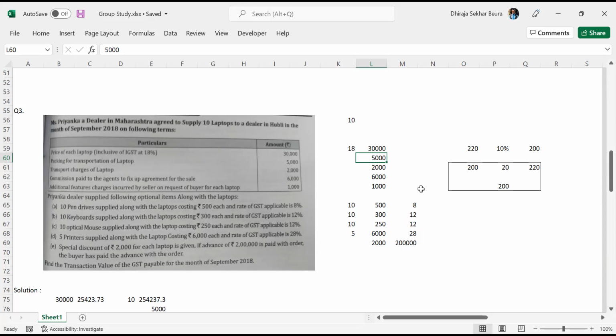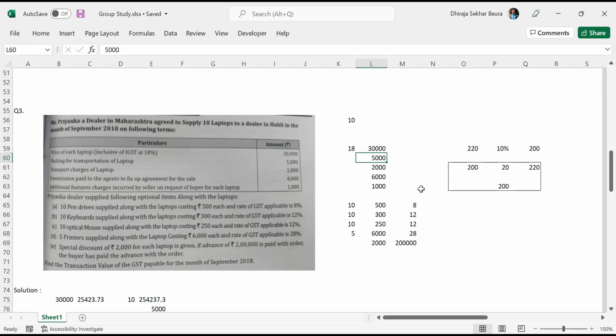Any other questions? You said 28% on every item. Why is he paying 28% on every item when it is a mixed supply? Only one rate is going to apply, 28%, the highest one, right? It is on the total, not on each individual product. Correct. Imagine this: whatever transaction price you get, on that you are applying 28%.